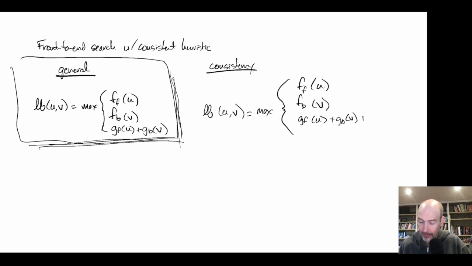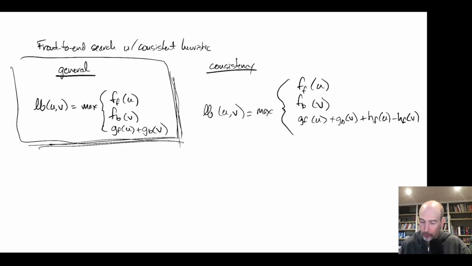I've got a heuristic in the forward direction of u, and if I ask what the distance is between the two frontiers, I'm going to use consistency here: h forward of u minus h forward of v is less than or equal to the distance between u and v.